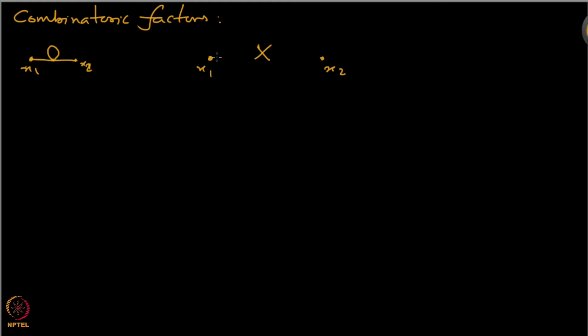So x1 could go to any of the 4, let us say to this one. So I have 4 possibilities here. Then x2 could go to any of the 3, because they all are equivalent. So there are 3 possibilities. Then this line can connect only here, so there is only one possibility.